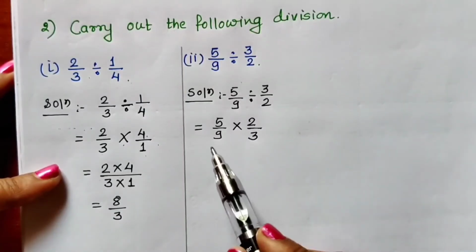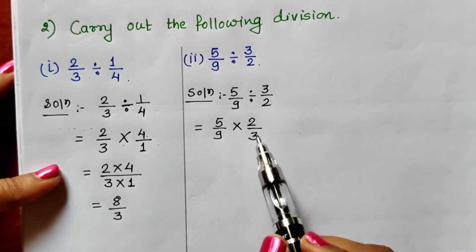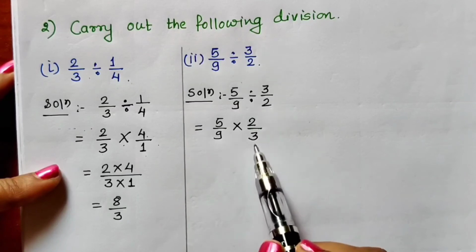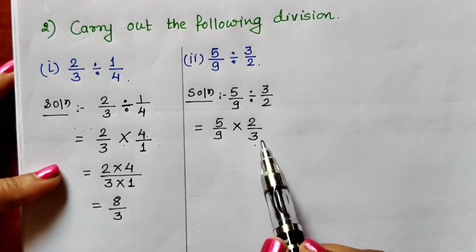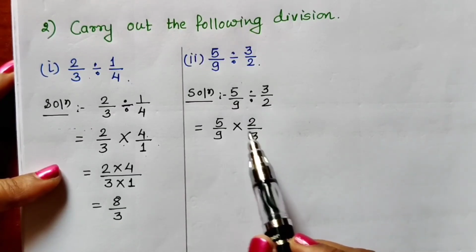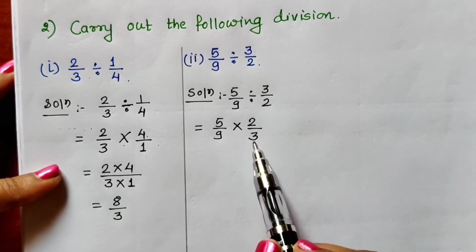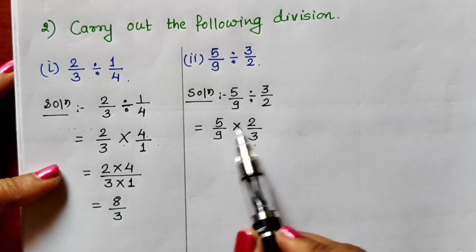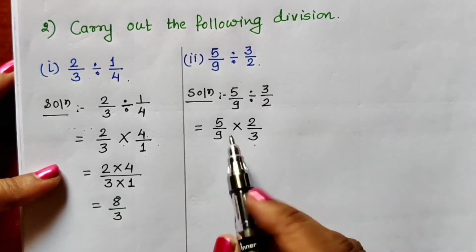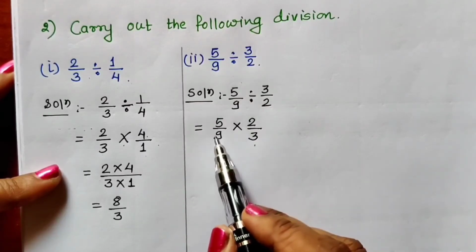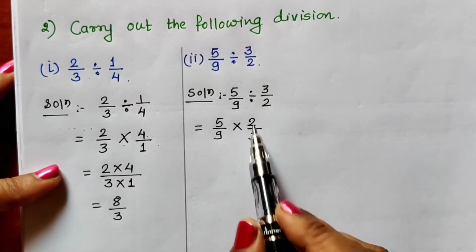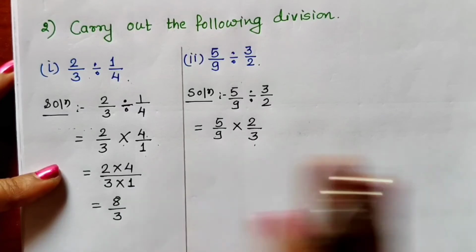Okay. Now see whether it is possible to cancel. Can we cancel this 5 and 2 by 3? No, not possible, because 5 and 2 are not there in the table of 3. Similarly, we cannot cancel it by 9 also. So the numerators and denominators cannot be cancelled.